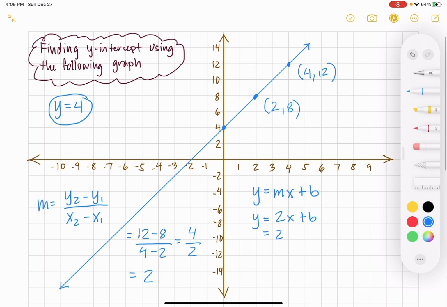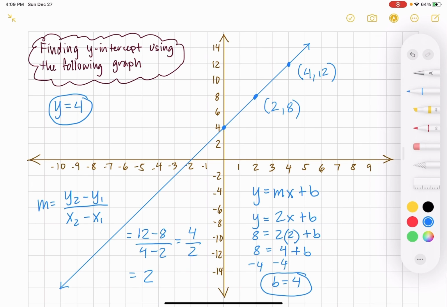So 2 times 2 plus b, and y is equal to 8. Now we're going to solve for b, which is the y-intercept. And we will get b is equal to 4.